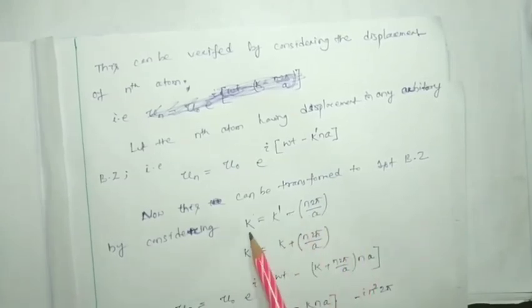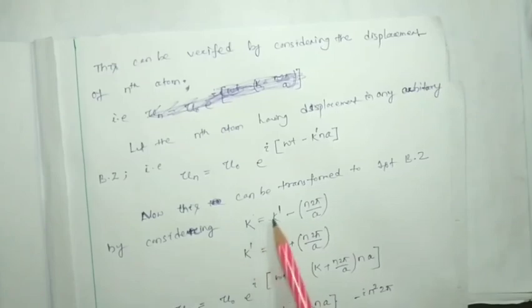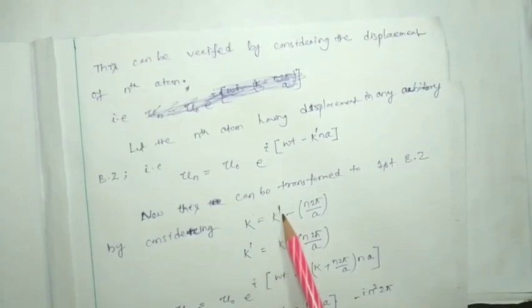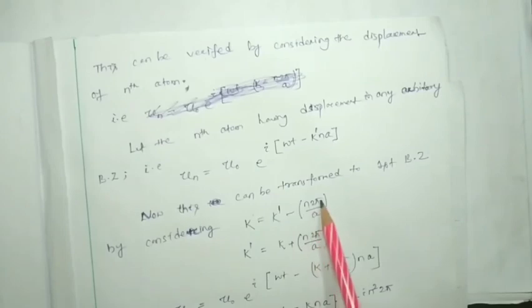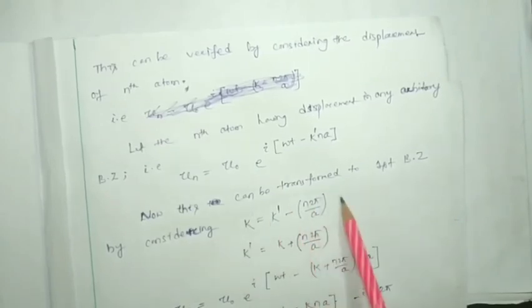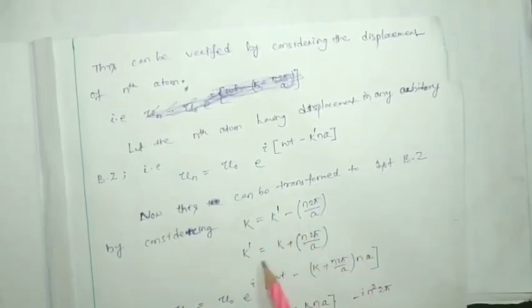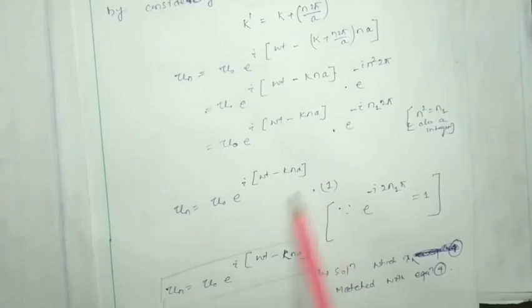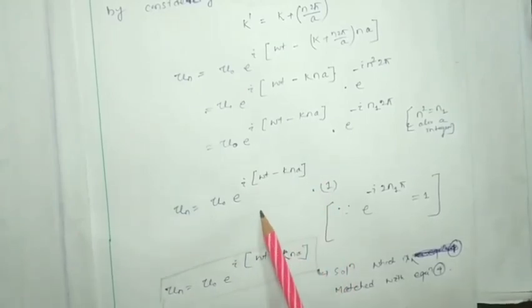So k is nothing but k dash, where k dash belongs to any Brillouin zone, minus n 2 pi by a. If we substitute this value for k dash in the general equation, it is transformed to the equation for the displacement in the first Brillouin zone.